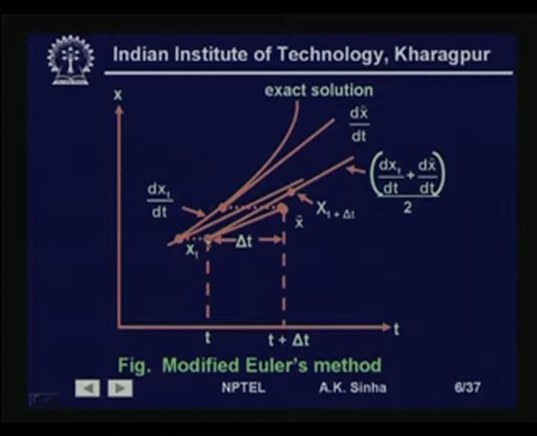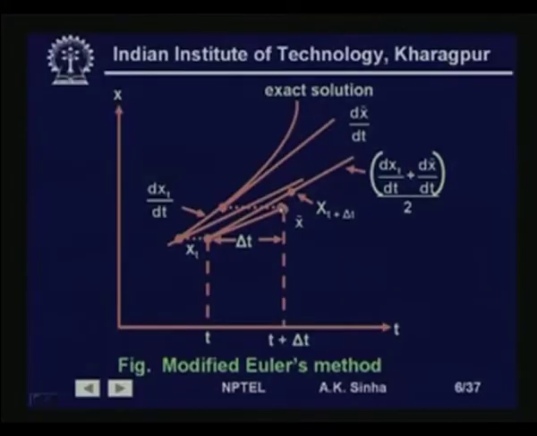So, here we again have x t value at t, and if we take the slope at this point, then we would have reached this point, that is, this would have been our delta x, which we are writing as x hat, the preliminary estimate of the value of the function. But if we use this value, we would have reached here, and we can find out the slope at this point again, that is, dx hat by dt will be the slope at this point.